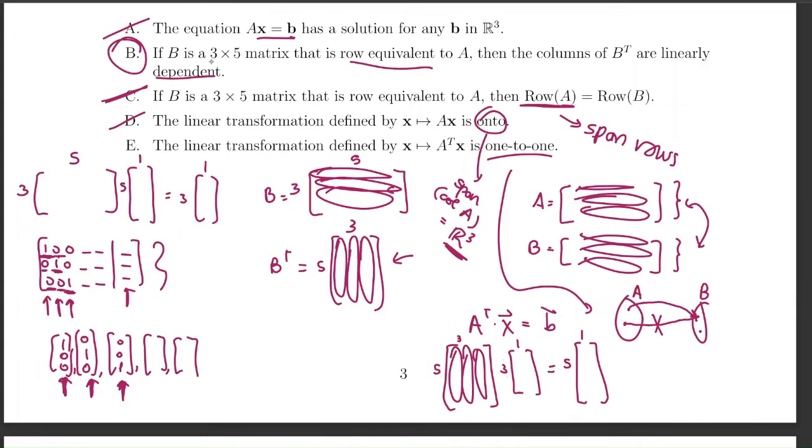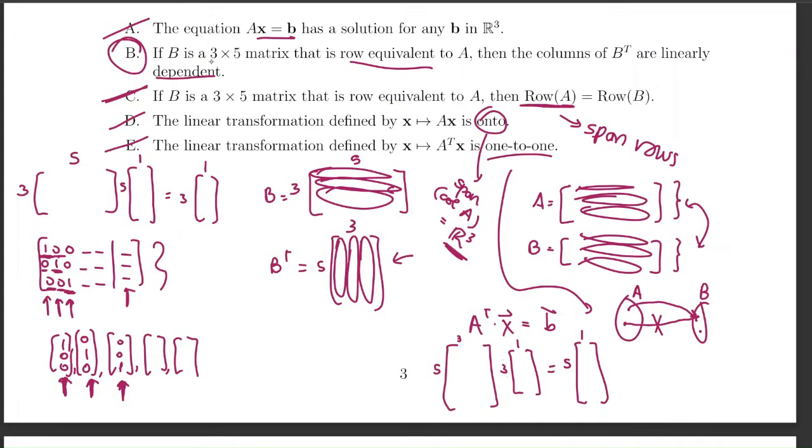This means then, because 1-to-1 transformations have the transformation matrix as having linearly independent columns, we know that this linear transformation is going to be 1-to-1. So we know that this statement is actually true. Another way to visualize why the linearly independent columns mean that the transformation is 1-to-1 is to think of it like this.